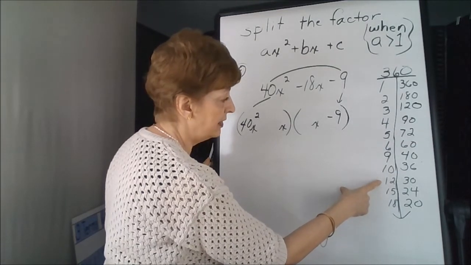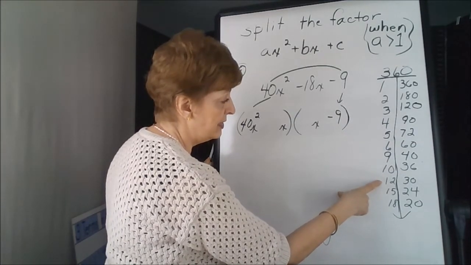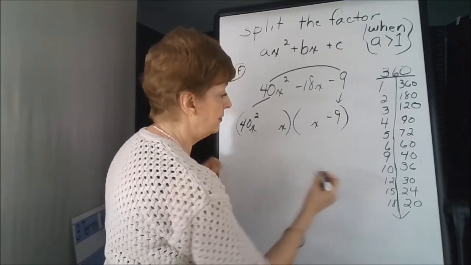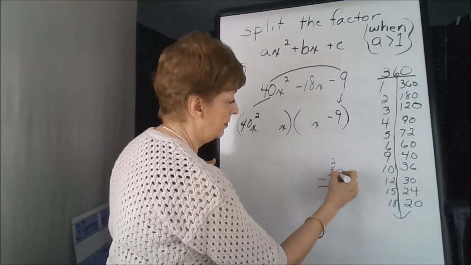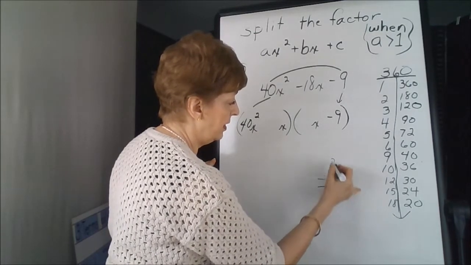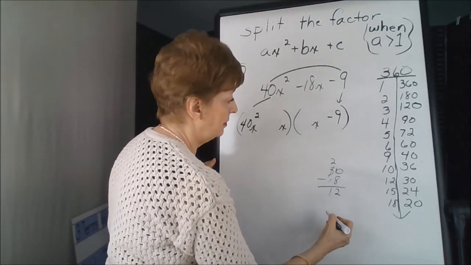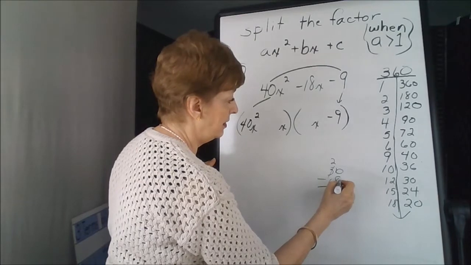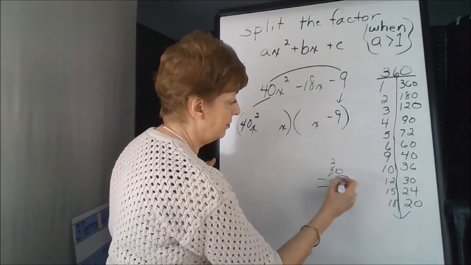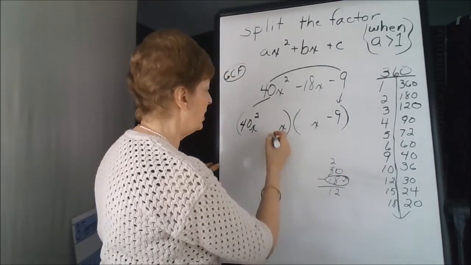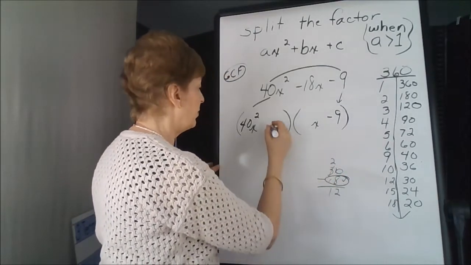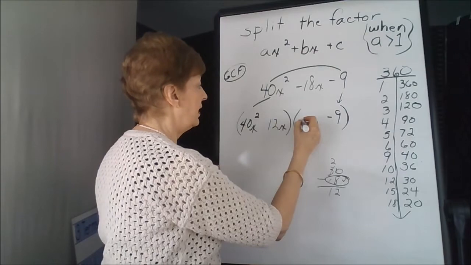We're closing in on it. 30 take away 12 is 18. So 18 is what we need. So our factors then, we're going to use a 12 and a 30.